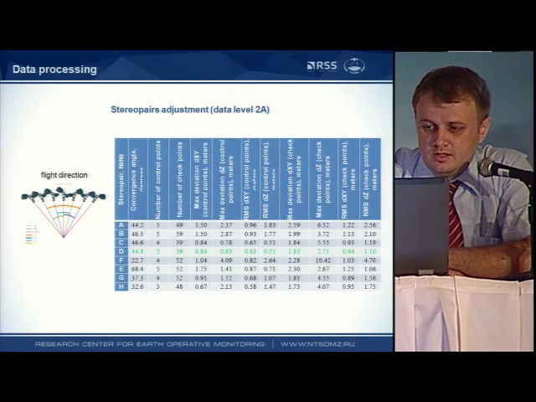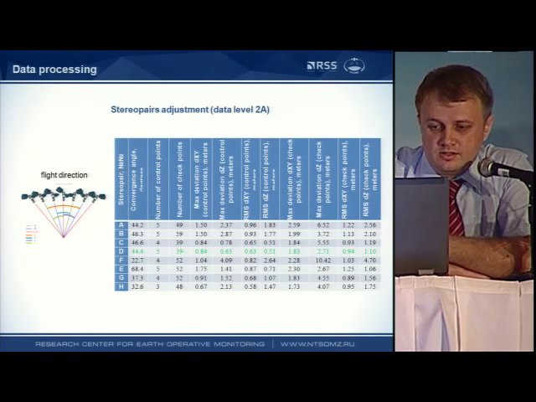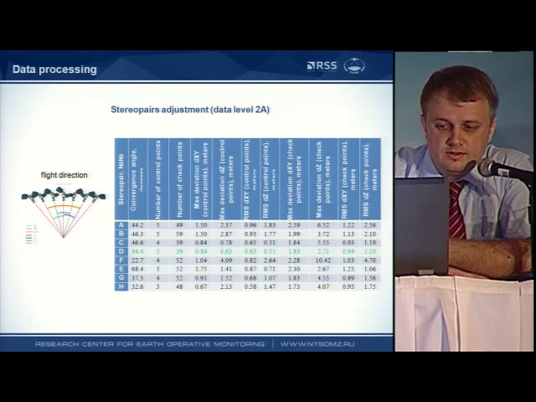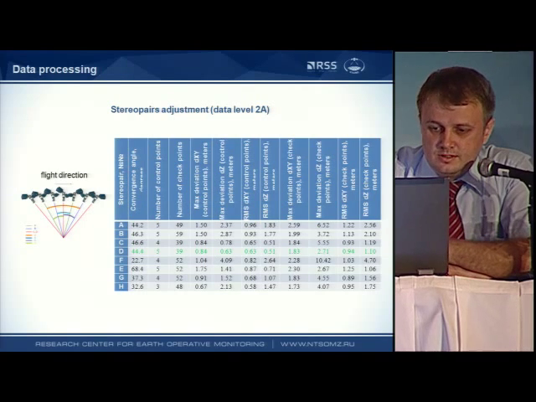And as you can see, the results are much better, about 2 times better than the results of orientation of stereo pairs built based on the materials of A1 processing.